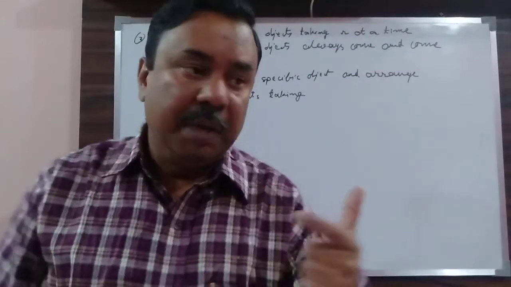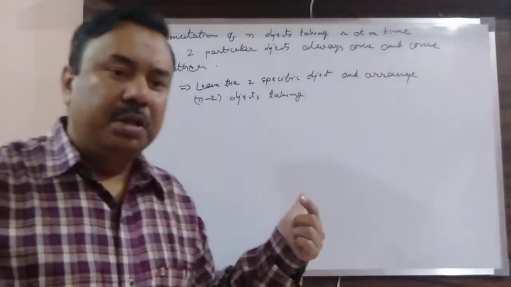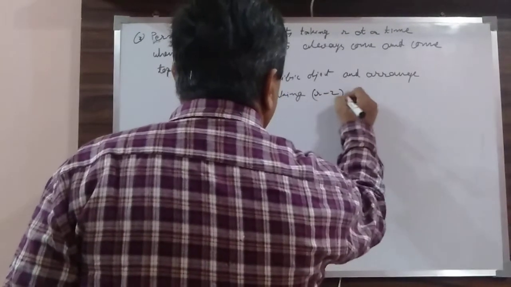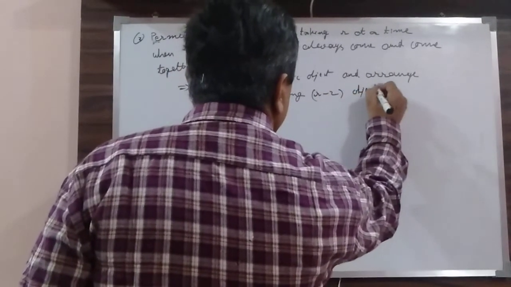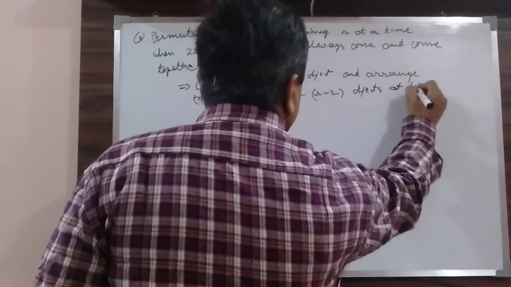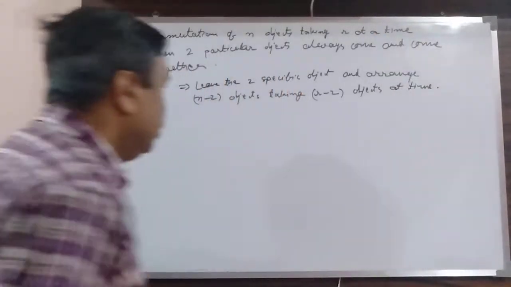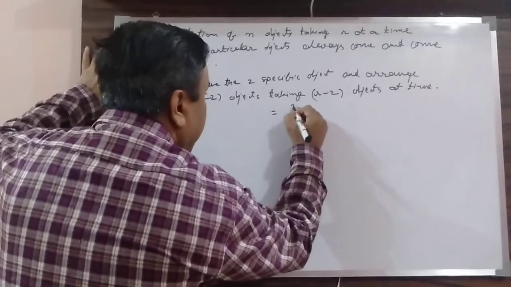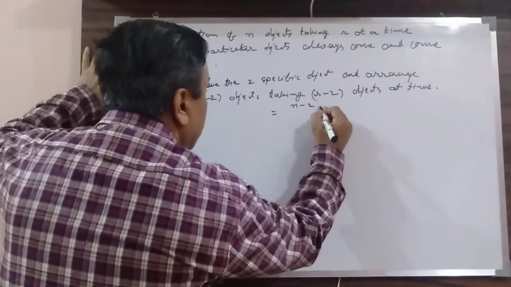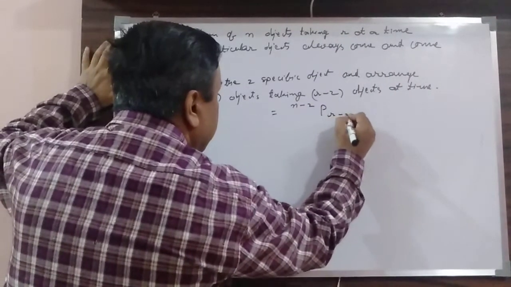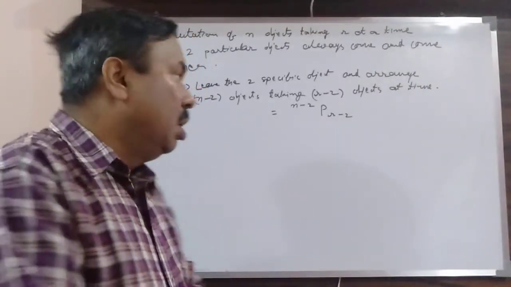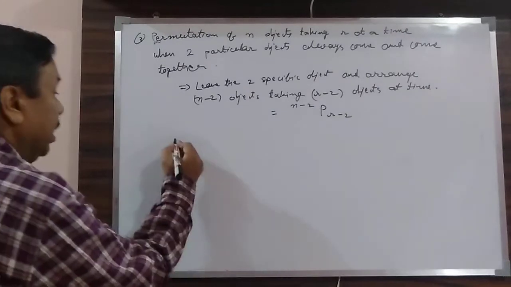Two places are to be kept vacant, so you take r minus 2 objects at a time. So this permutation will be n minus 2 P r minus 2. Got it? Now, the second thing.